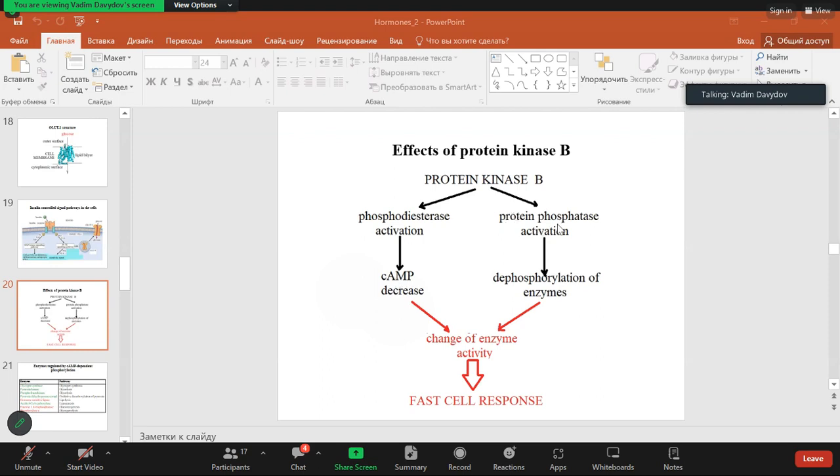And activation of protein phosphatase leads to dephosphorylation of enzymes, resulting in a change in the activity of the enzymes which are controlled by this process of phosphorylation and dephosphorylation, resulting in the cell's response to the effect of insulin.